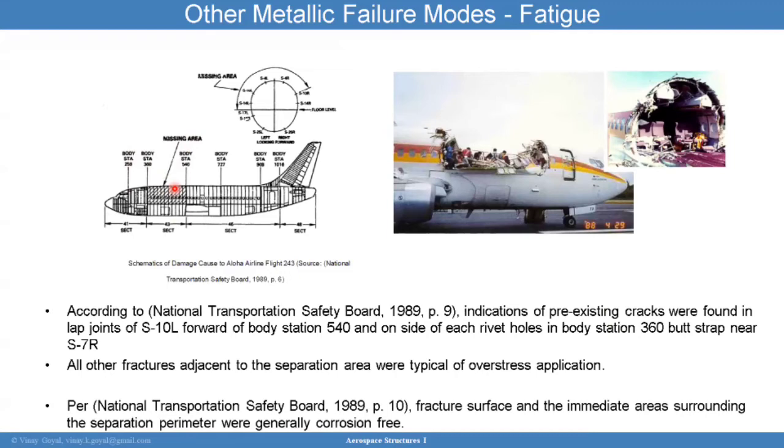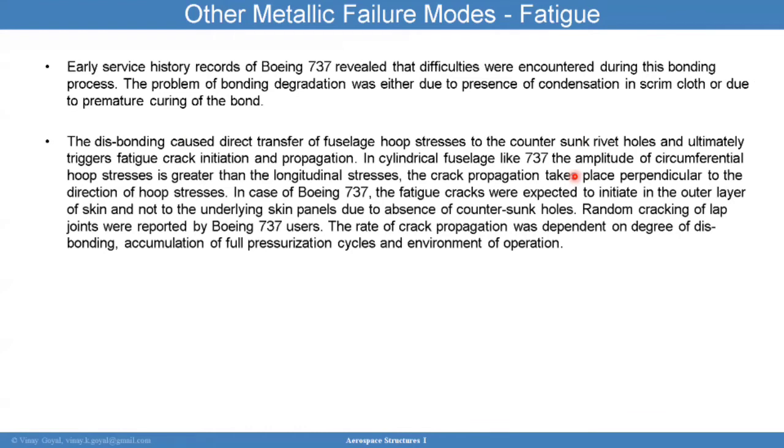Per the National Transportation Safety Board, 1989, page 10 of that report, fracture surfaces in the immediate areas surrounding this separation perimeter were corrosion-free. So we know corrosion was not a failure mechanism for this, but perhaps pre-existing cracks that grew over time.